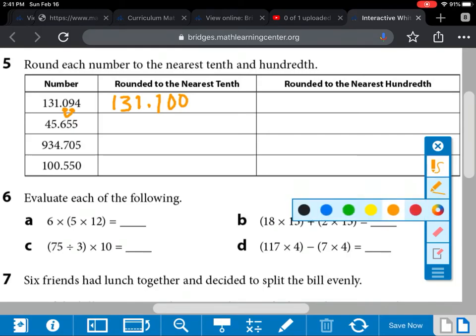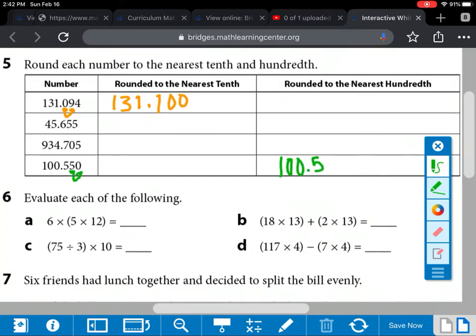For a different example, here when we round to the nearest hundredth, I'm looking at the nearest, actually I don't want to do that one, I'm a liar. Oh, hold up. All right, looking at the nearest hundredth here. So I know that everything in front of that number that I want to round is going to stay the same.